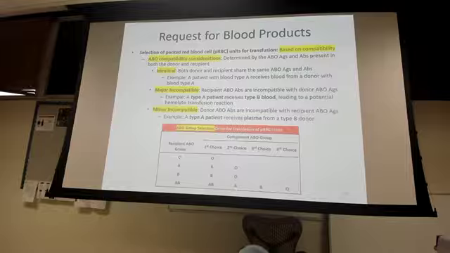And I know it was stated earlier in some other slides, but got to reiterate it again, all right? So major incompatibility, a recipient's ABO antibodies are incompatible with the donor's ABO antigens. And then a minor incompatibility is where the donor's ABO antibodies are incompatible with the recipient's antigens. Okay.